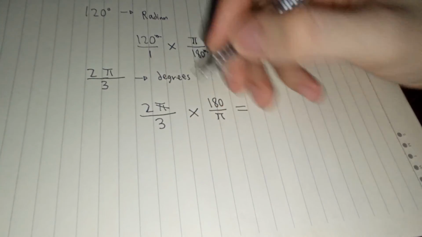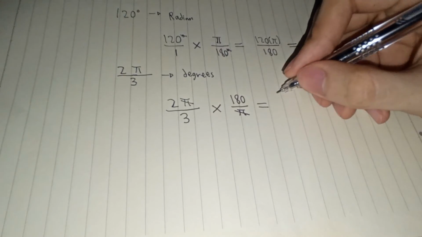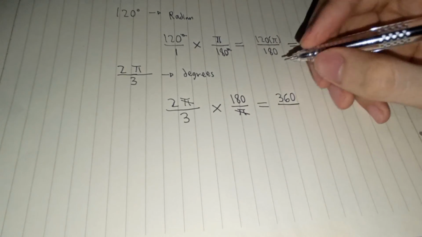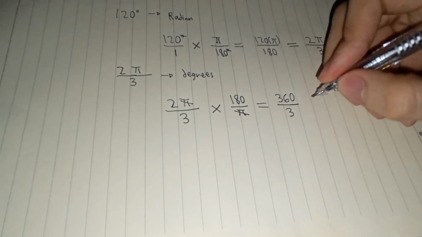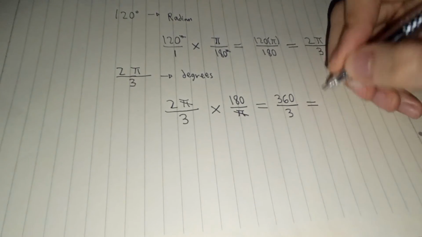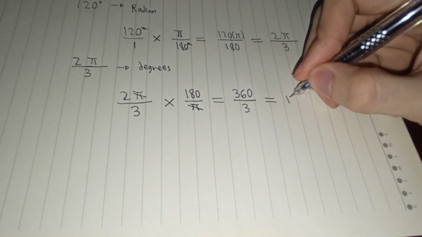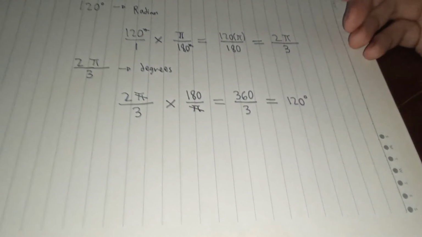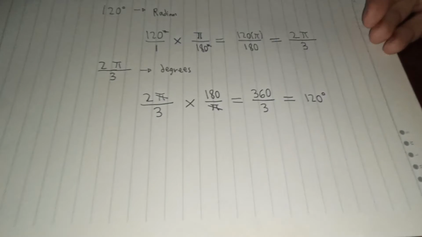Let's cancel out the pi symbol and multiply. We will then divide 360 by 3. The answer is equal to 120 degrees, which is the same as what we had converted earlier.